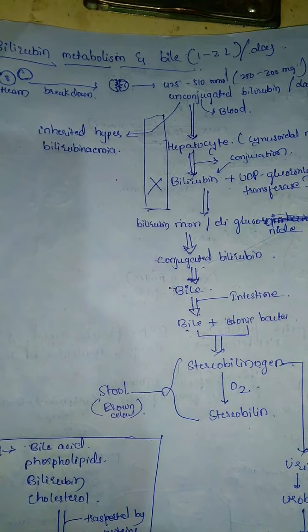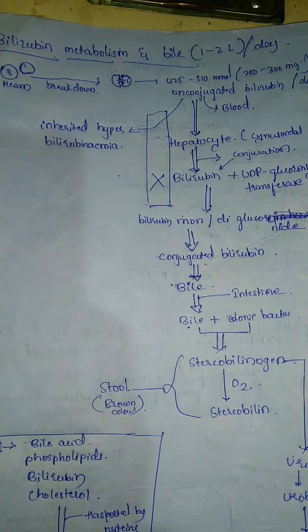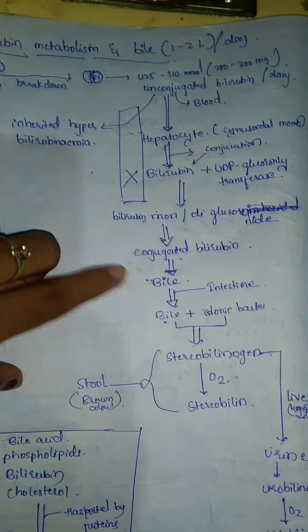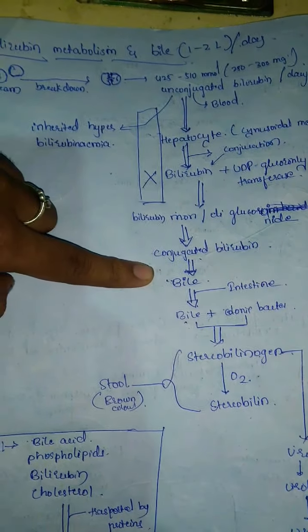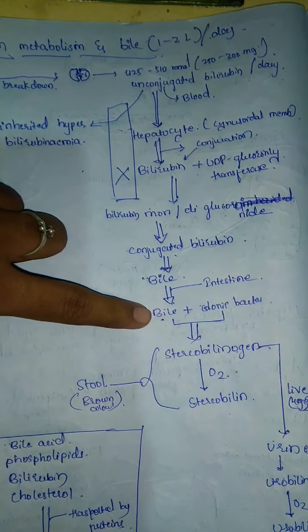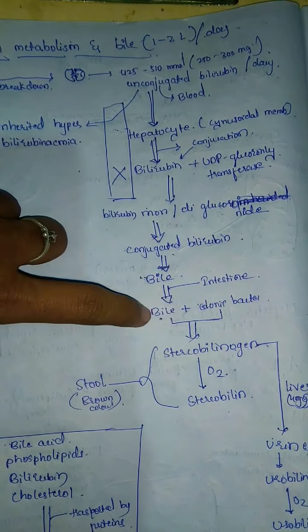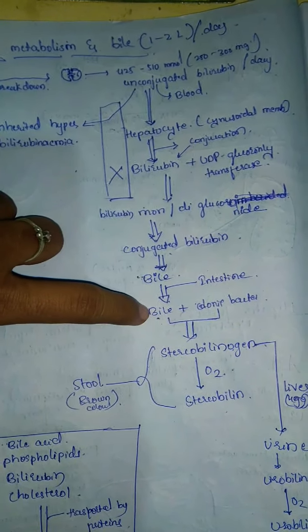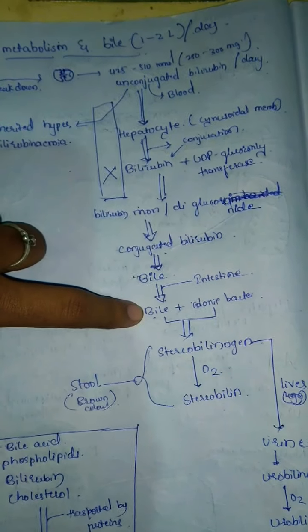The conjugated bilirubin is exported into the bile, and the bile is transferred to the bowel lumen, that is the duodenum, through the sphincter of Oddi.